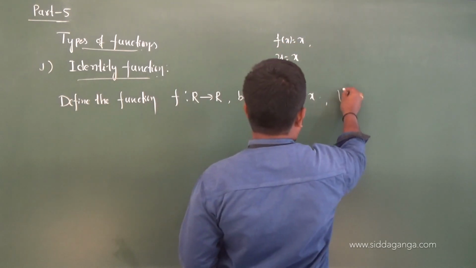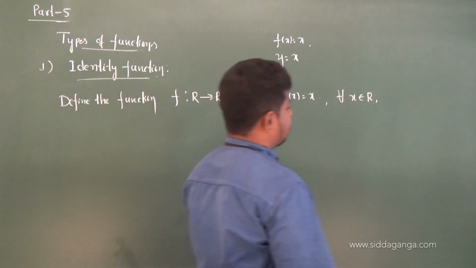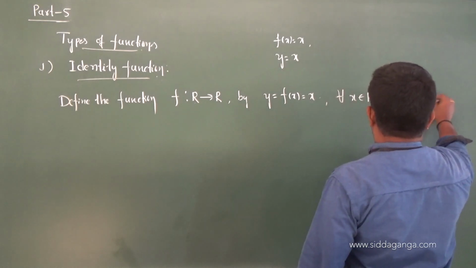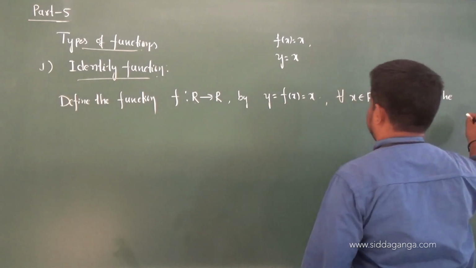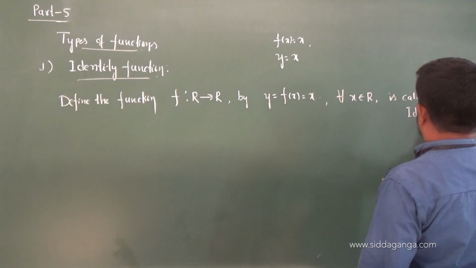So for all x belonging to the domain R, it is called the identity function.